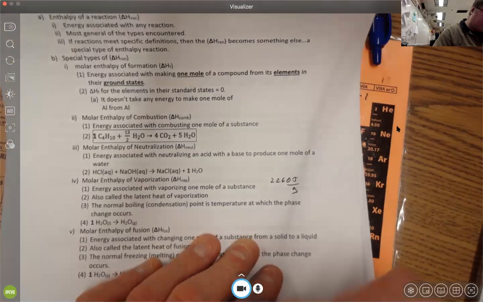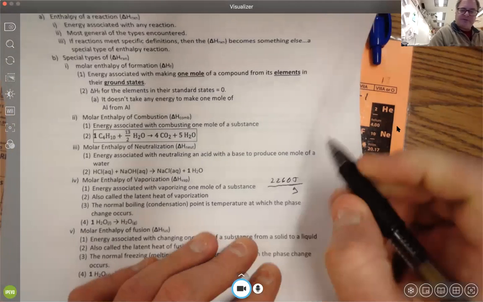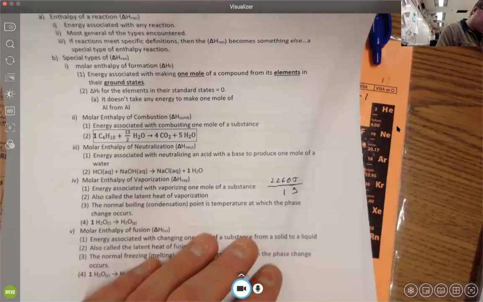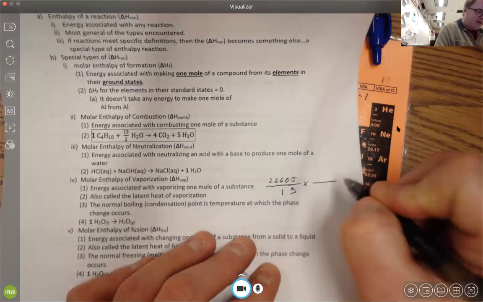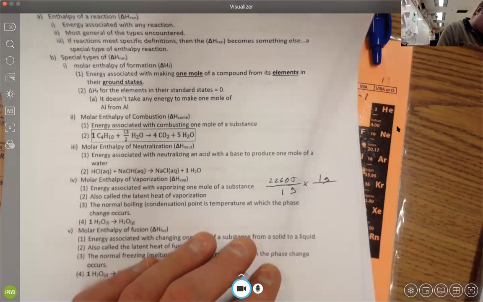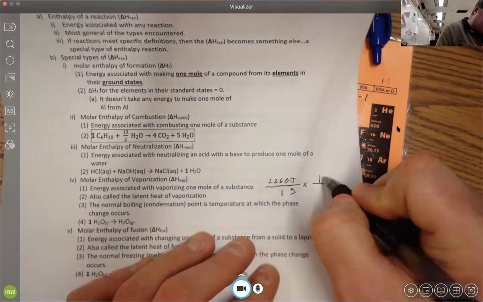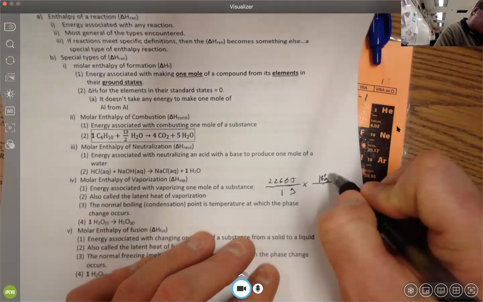Well, if this is 1 gram down here, and we want to convert this to moles, we need to put every 1 gram up top, every 18.01 grams is 1 mole on bottom.